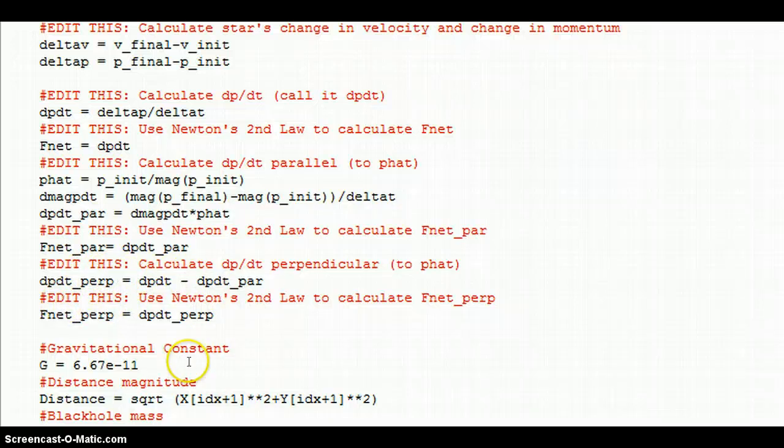Then to save time, I go an extra step and write more code to figure out the mass of the black hole in VPython. I insert the gravitational constant and the distance formula, which is the square root of x squared plus y squared.